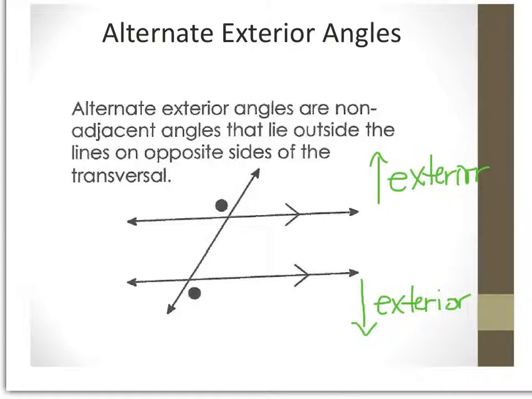And they are not adjacent to each other, and they lie on opposite sides of the transversal. So another pair of alternate exterior angles would be this angle and this angle. They are below or above the parallel lines, and they are on opposite sides of the transversal.